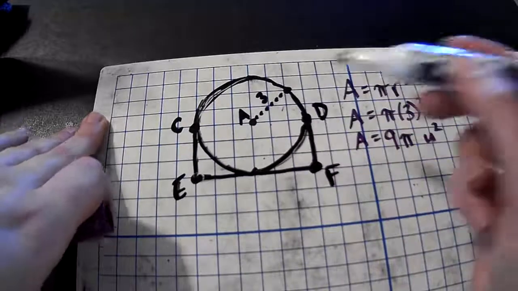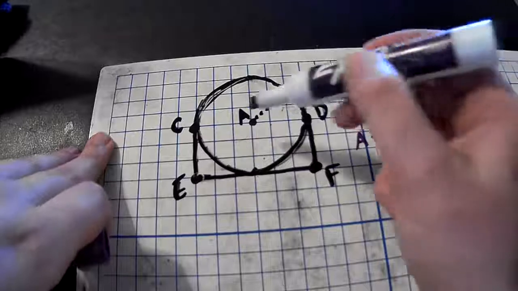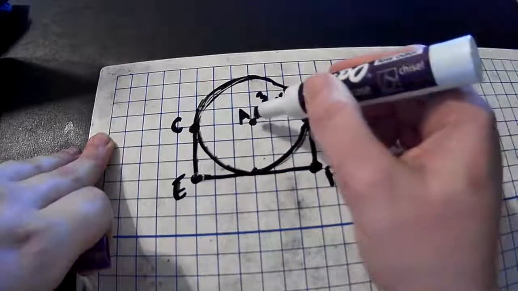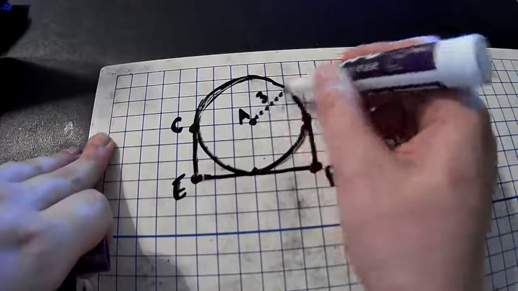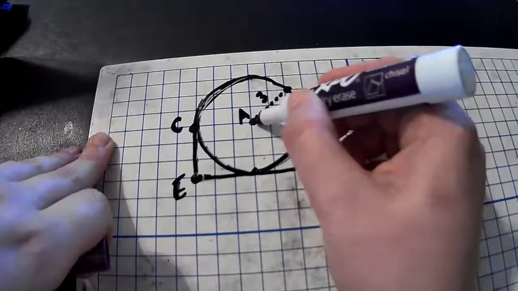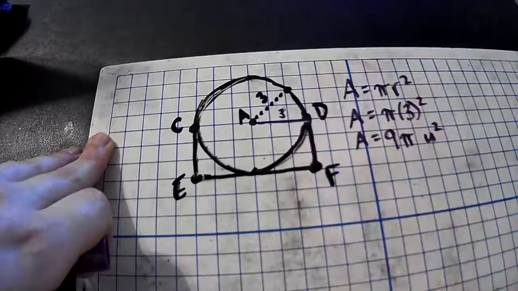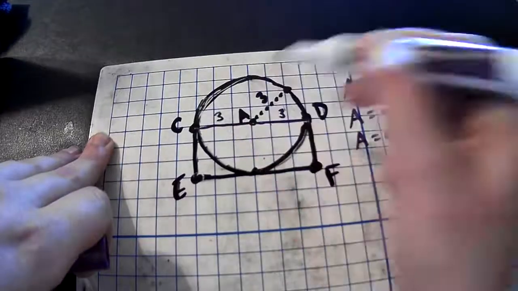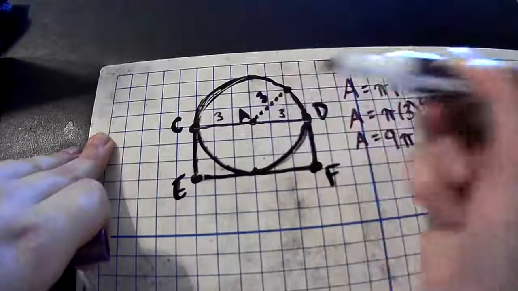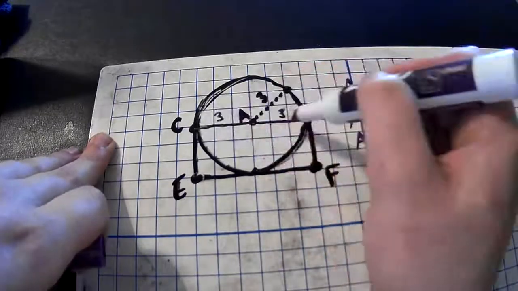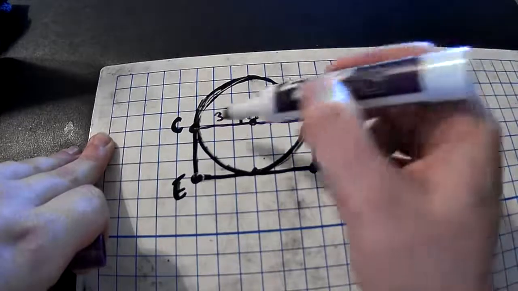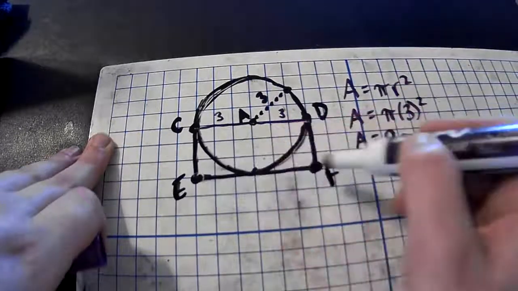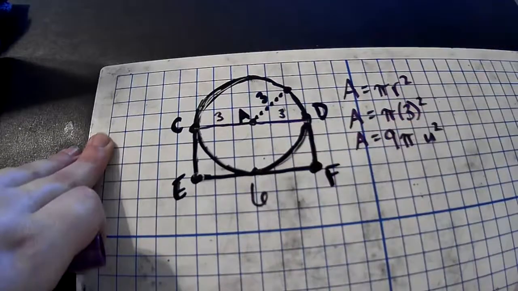Okay. Now, for the rectangle, if I'm looking at my rectangle here, well, I know that if my radius in my circle was 3, that means that this length right here is going to be 3, because that's just another radius for my circle. And this length right here is also going to be 3. Or in other words, from point C to point D is a diameter for our circle, which should give us a diameter of 6, which means that the length in my rectangle is just 6.